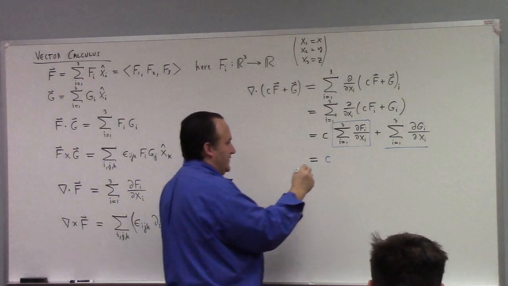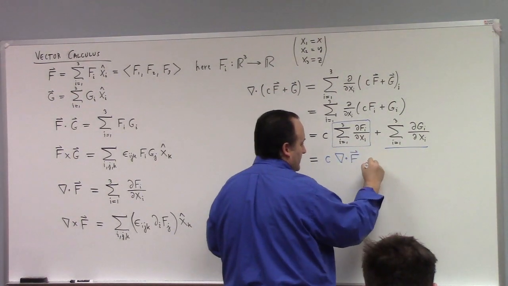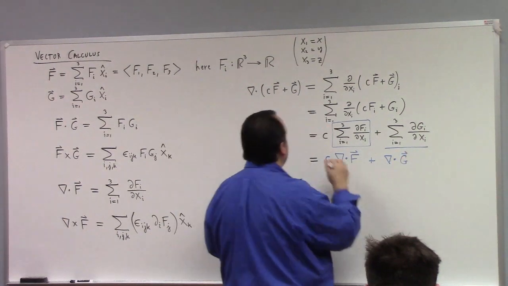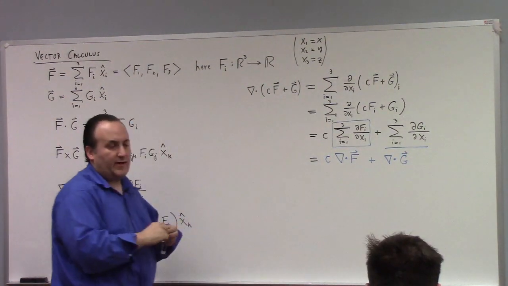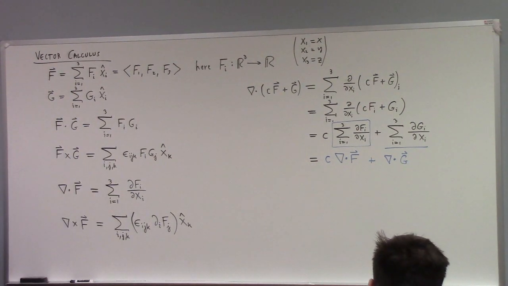Yeah, the divergence of f, right? Del dot f. And over here, del dot g. So there you go. That's one of the properties of the divergence. Divergence of the sum is the sum of the divergences, and you can pull a constant out if you want.